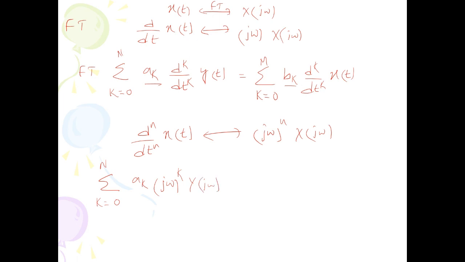This will be equal to summation k is equal to 0 to M b_k j omega whole power k times x of j omega.